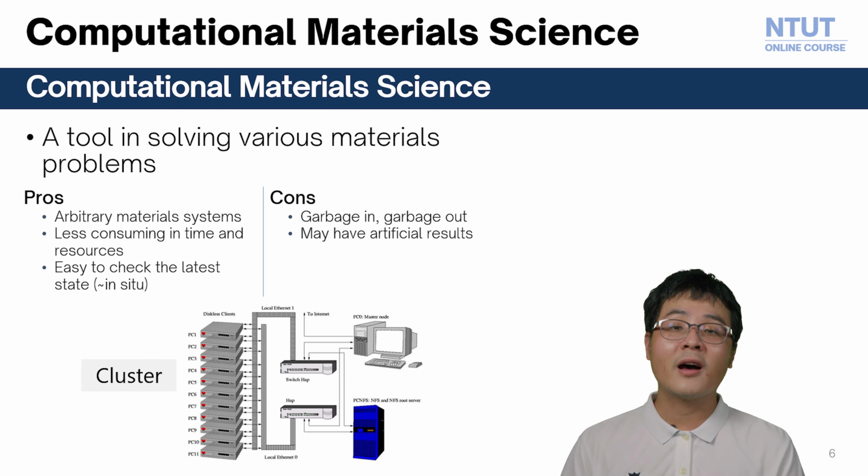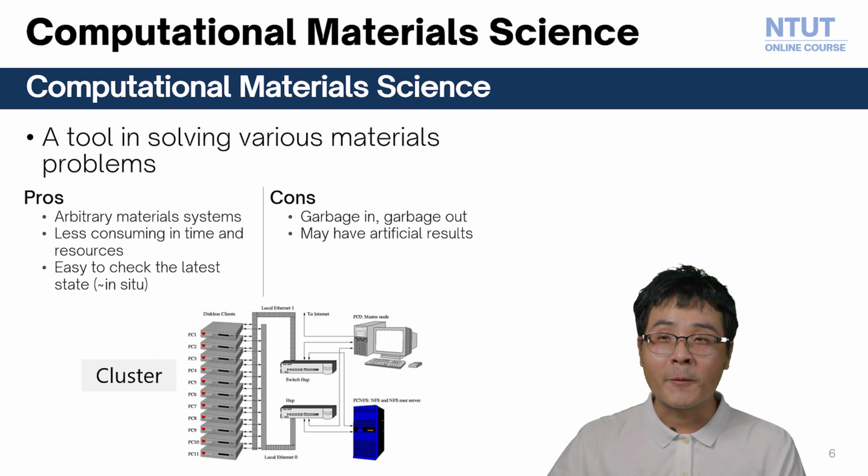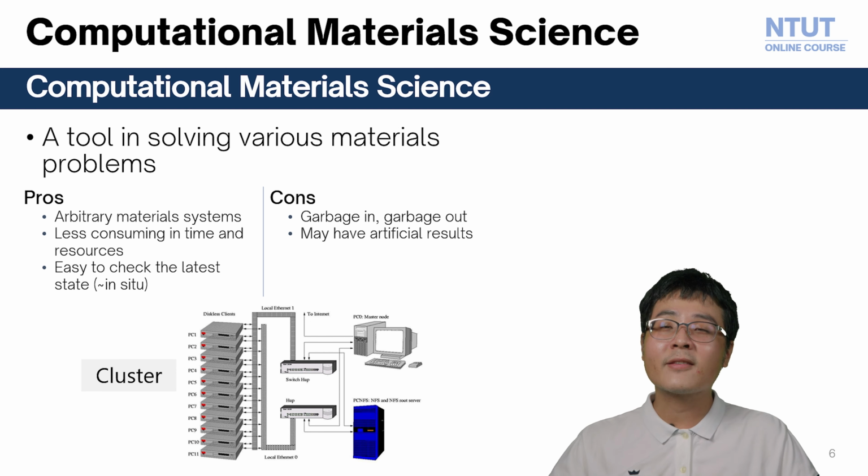So if we change our viewpoint and apply the computer to help us understand the details of material science, this kind of research method is called computational material science. In computational material science, we treat a computer as a tool in solving various materials problems.